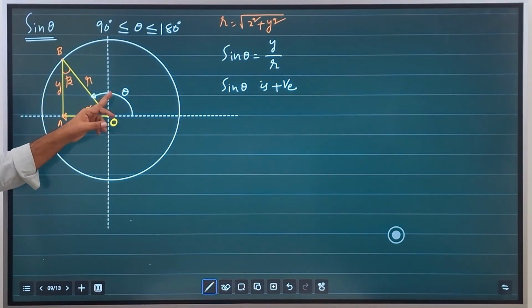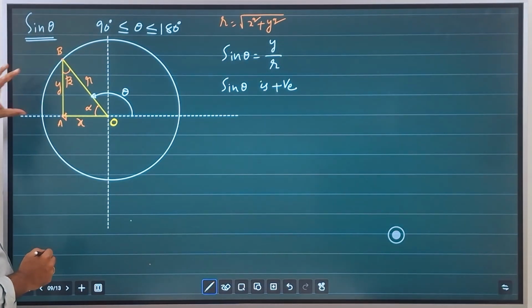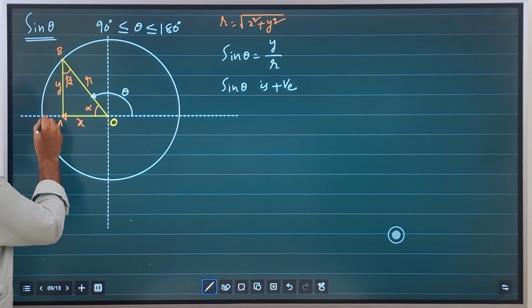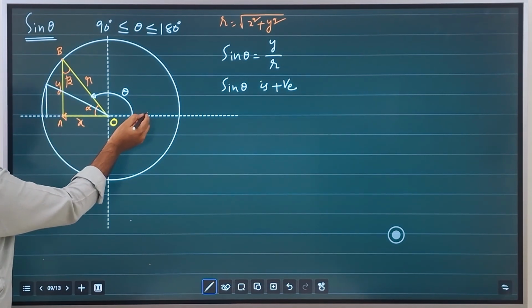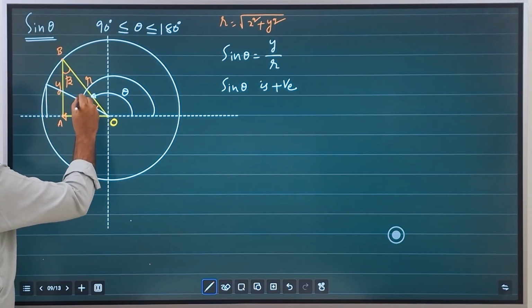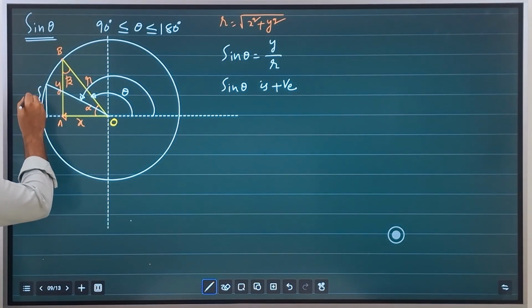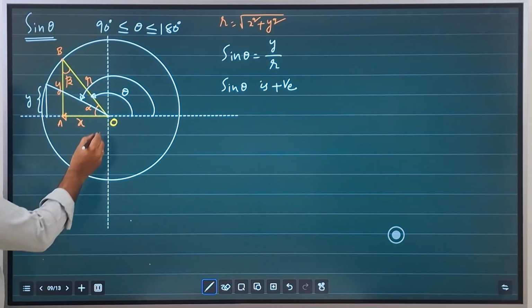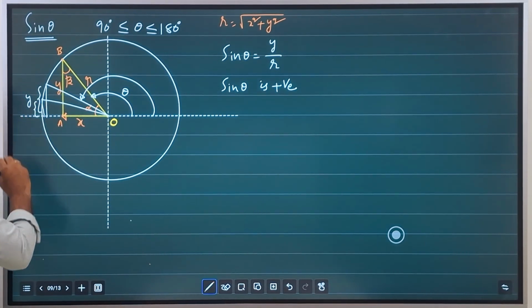But as theta increases, what happens to the value of y? To know that, draw one more right angled triangle. Look, here theta has increased, but the value of y, the opposite side, has decreased. Draw one more right angled triangle with a greater angle than before. Y has decreased further.